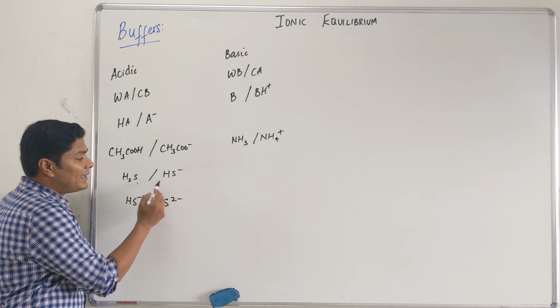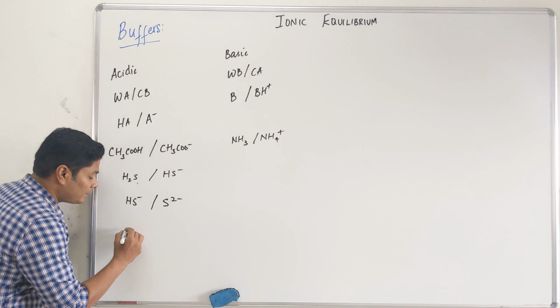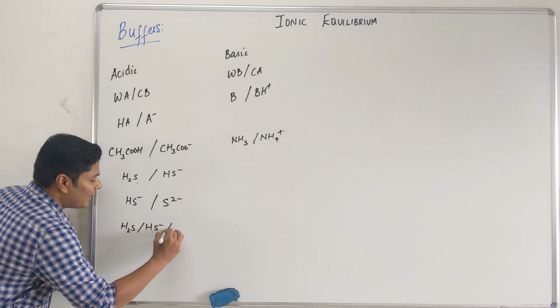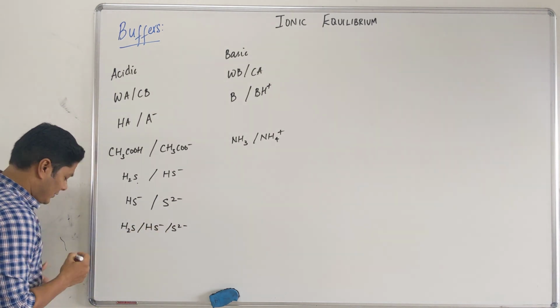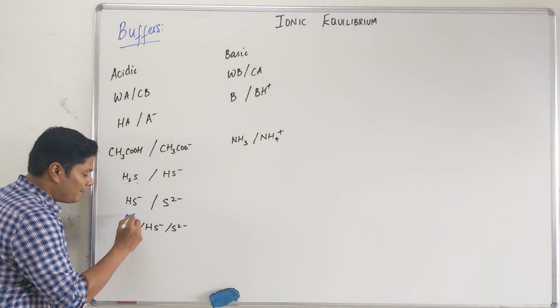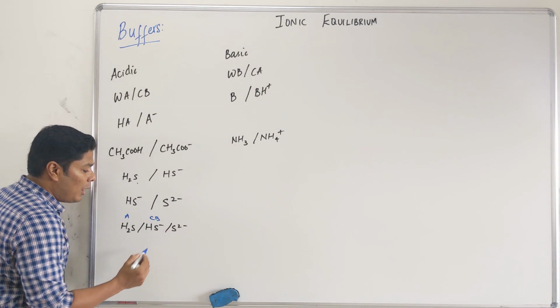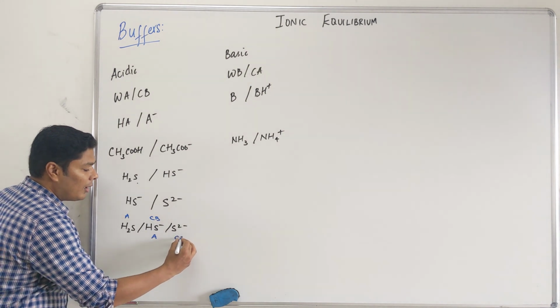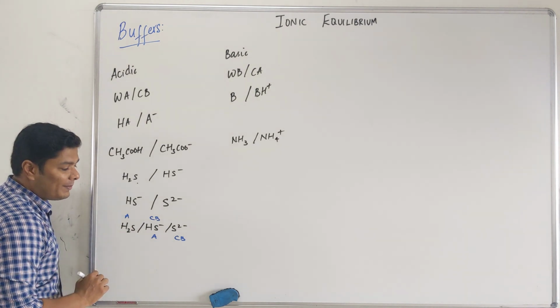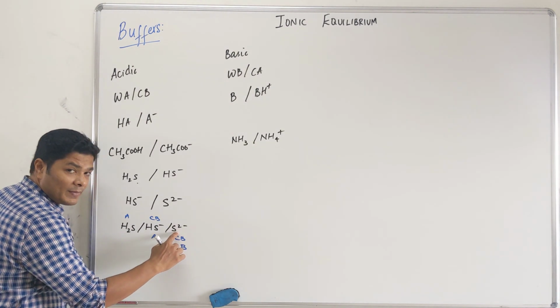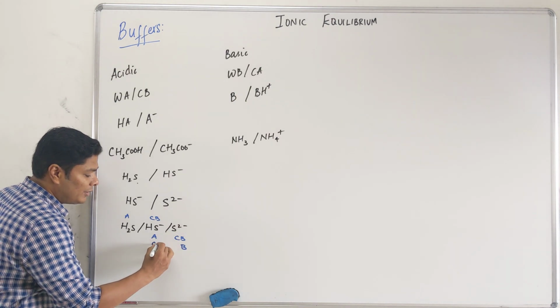In the example, let's put it this way: H2S, HS minus, S2 minus. So here HS minus is behaving as the conjugate base, but this HS minus can also behave as an acid altogether within this system. I can also write this as, if I take this as base, this is its conjugate acid.